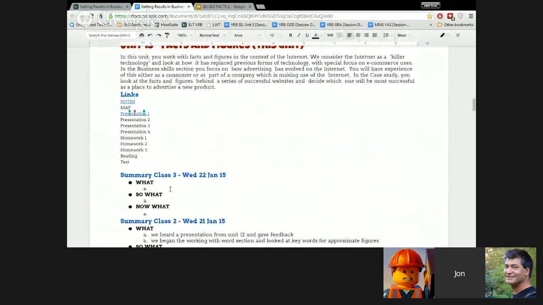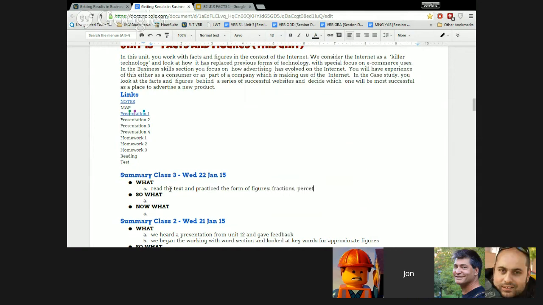So, quick note. What did we do? We read a text and practiced the form of figures. We had fractions. We had percentages. We had dates and more.